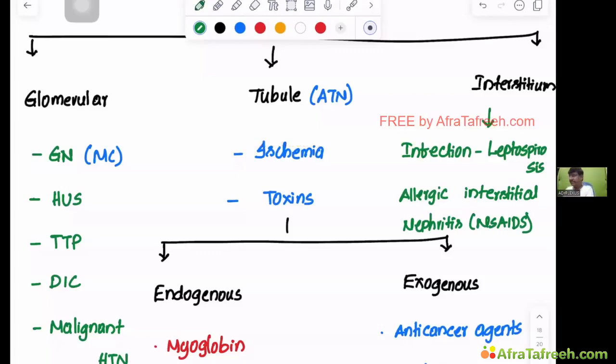Very good. So in case of allergic interstitial nephritis, we have discussed that there will be presence of eosinophils in the urine. And acute tubulointerstitial disease can also be seen as a part of the infiltrative disorders like lymphoma as well as leukemia.